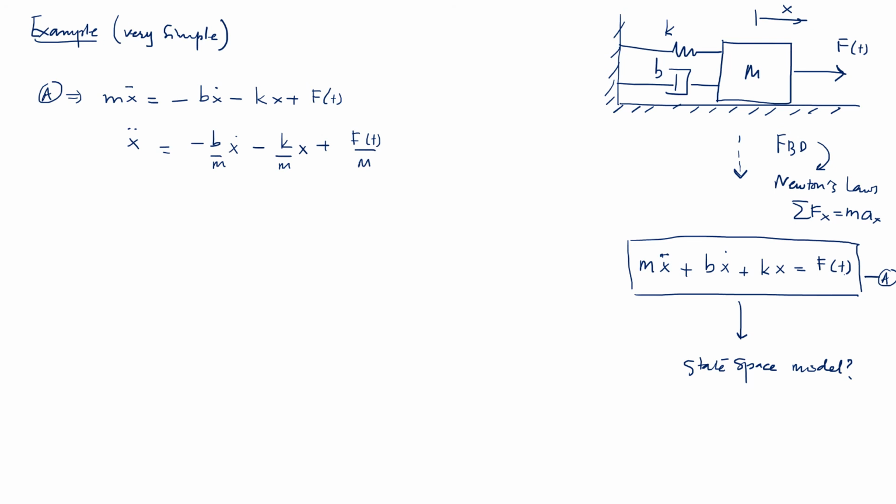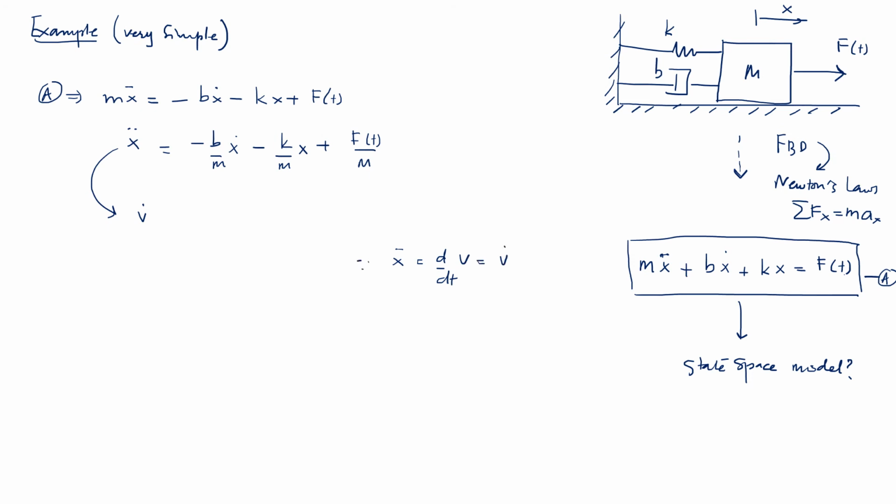With this realization, I can rewrite the equation in terms of v dot, because I know that x double dot is the time rate of change of velocity, which is v dot.